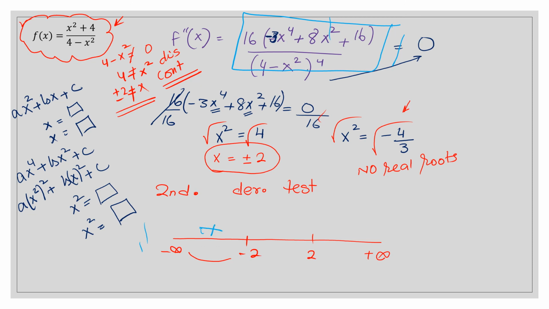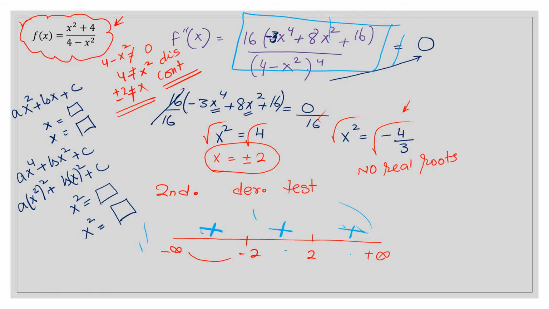That means 4.48, that will give you a positive sign. If you choose between negative 2 and 2, that means a 0, you will get also a positive sign. Now, if you choose between 2 and infinity, for example, 3, you will get a positive sign.